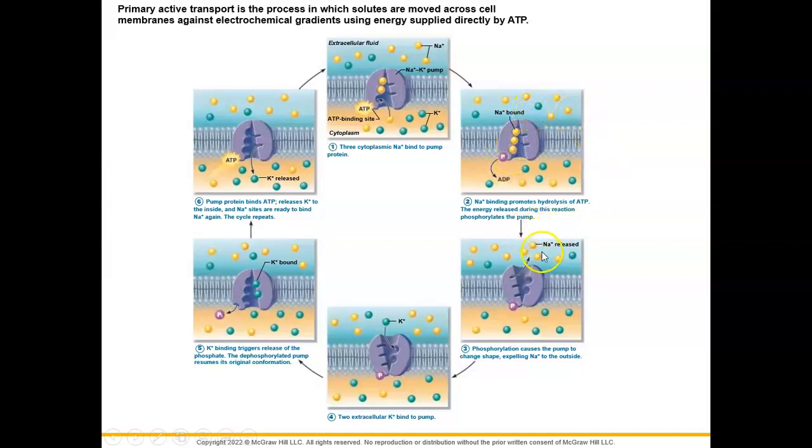And then it will move 2 potassiums against their gradient from the outside of the cell into the cell. Sodium-potassium pumps continuously pump, moving sodiums outside of the cell where there's already abundant sodium, and potassiums into the cell where there's already abundant potassium.